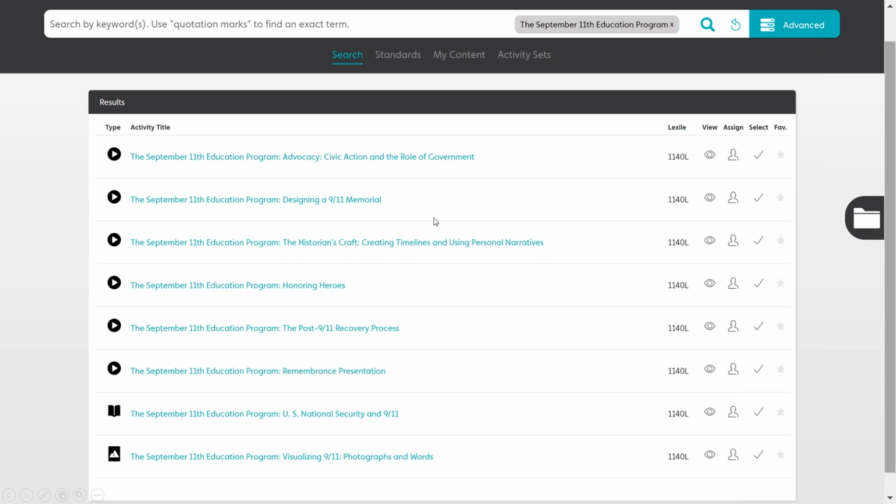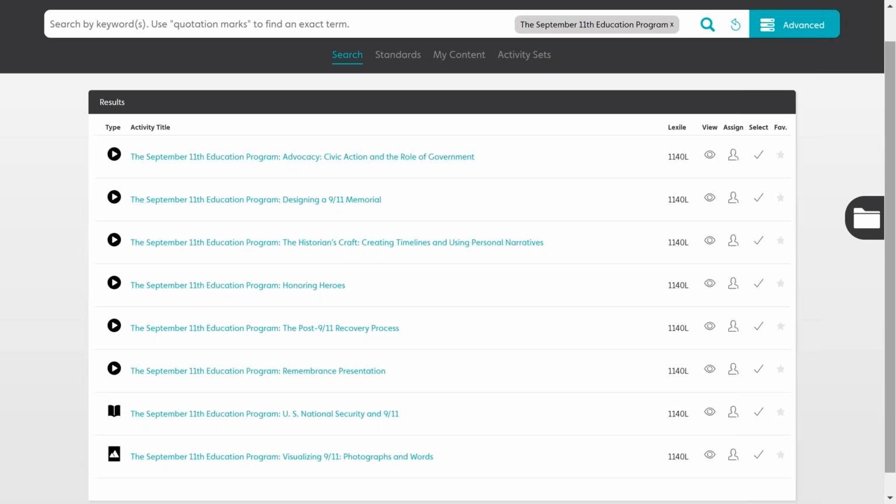We have other things that are more reflective for students. What would they do if they were designing a 9/11 memorial? How would they honor heroes? What was involved in the recovery process? As I mentioned before, U.S. national security and some of the implications there.